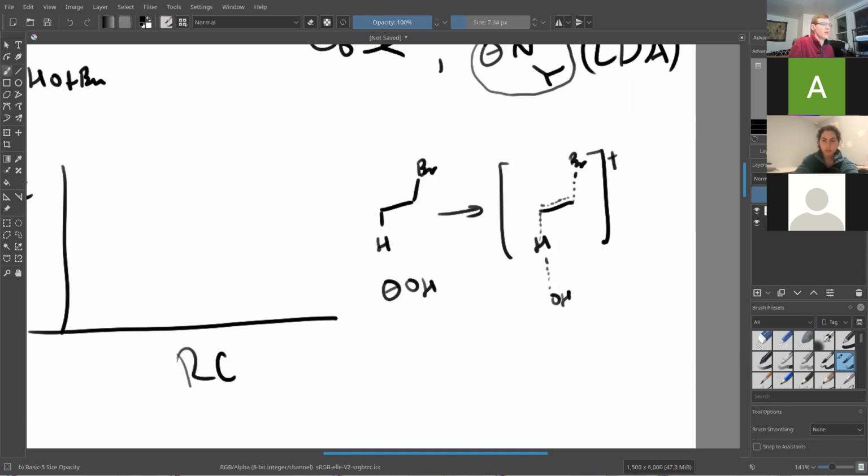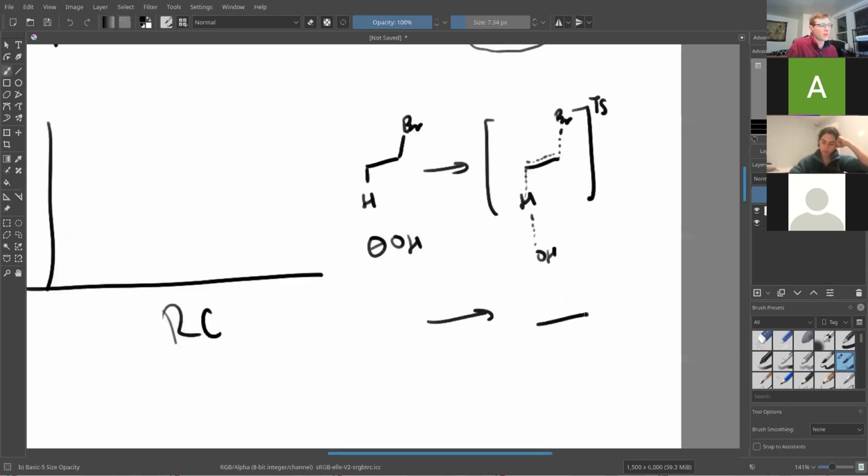Let me call it TS instead of using this fancy symbol. And then we get a double bond out. The transition state is kind of just saying the electrons are moving. That's kind of it.